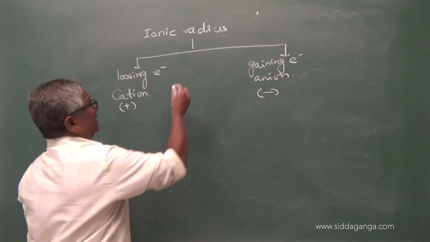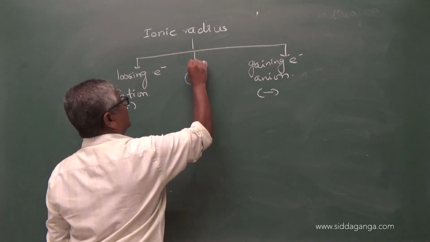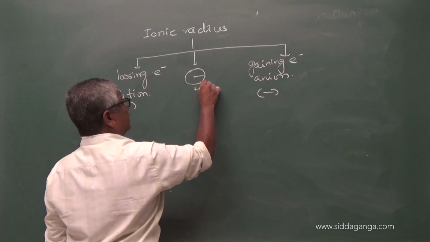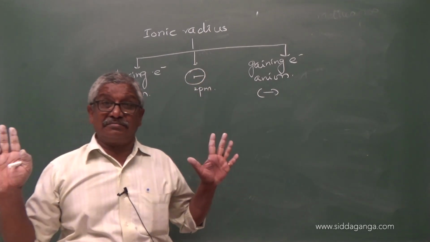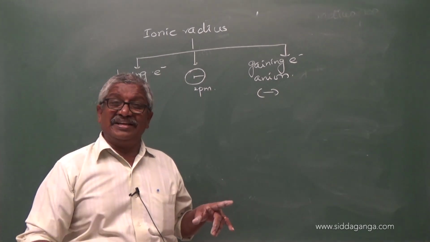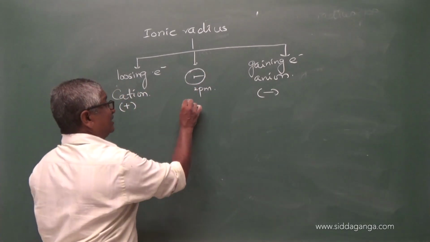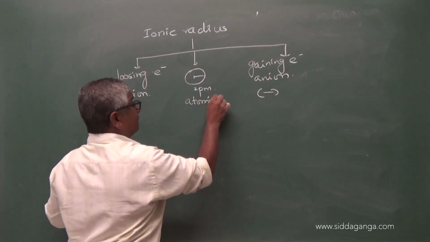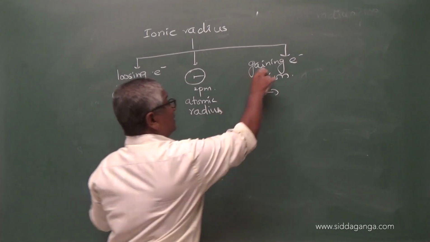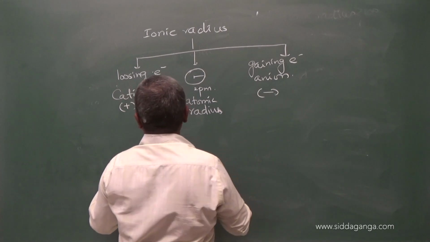Now we have taken the atom here. Consider the atomic radius is some 2 picometer, for example. Cationic radius here, atomic radius here, and this is anionic radius.